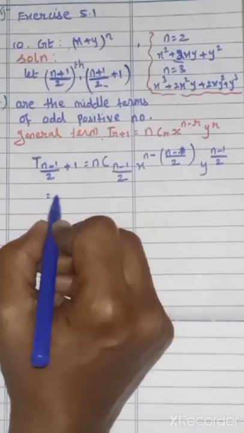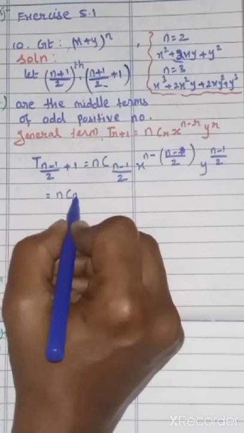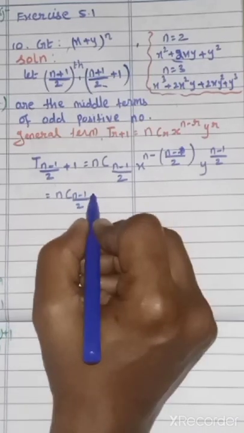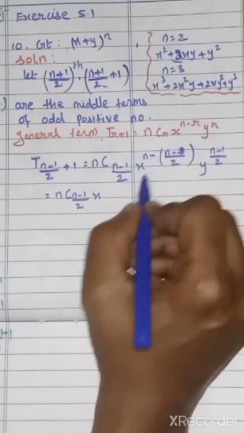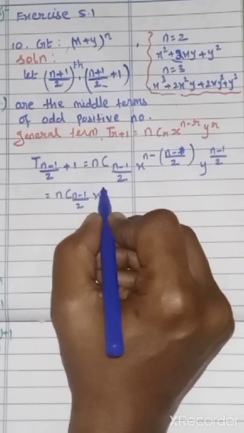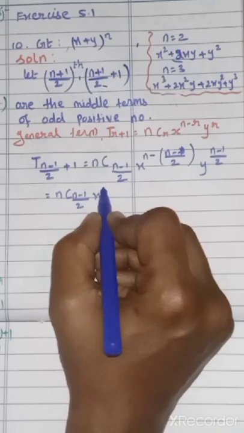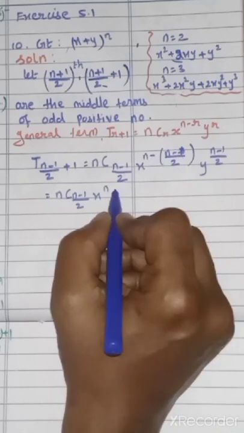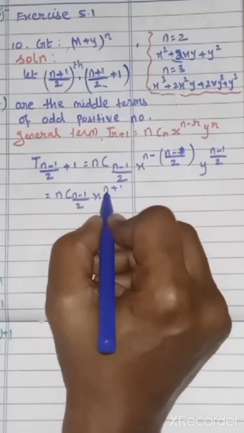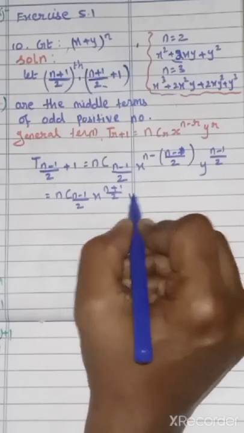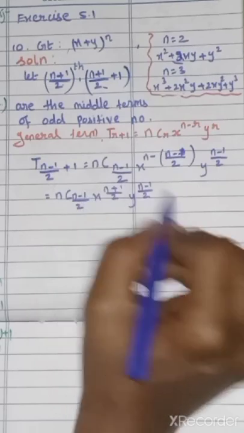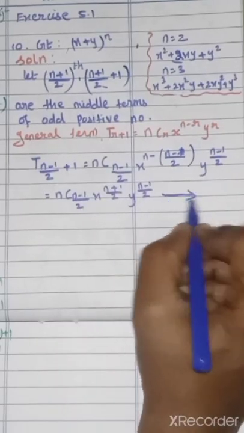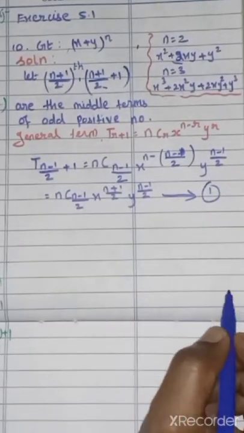Simplify this, what will you get? nC(n-1)/2 x^(2n minus n), that is n, and minus into minus becomes plus, so (n+1)/2, y^((n-1)/2). Is that okay? Now, that's all. After this, no need for calculation. So this is your first term.